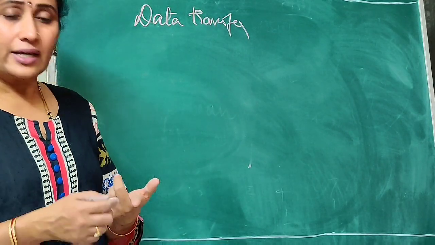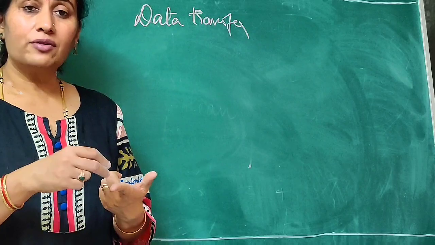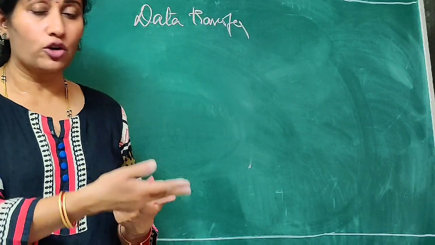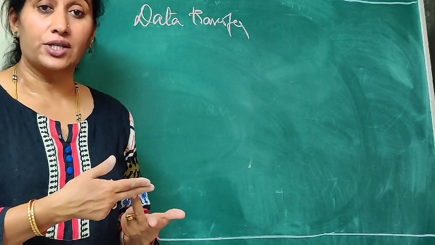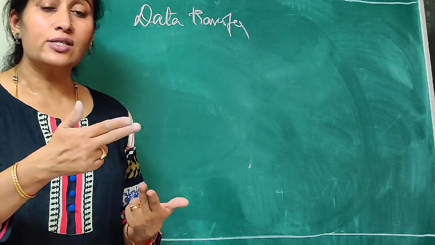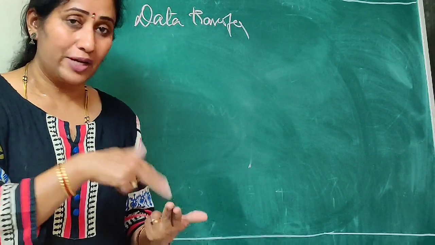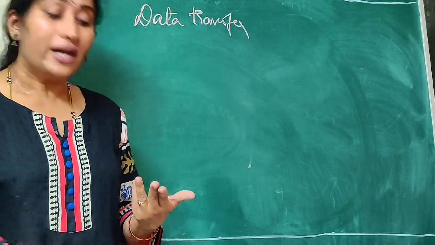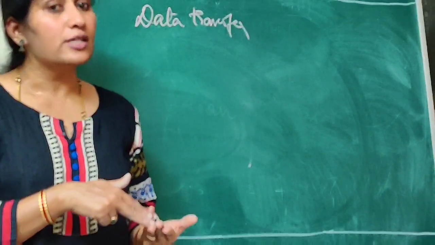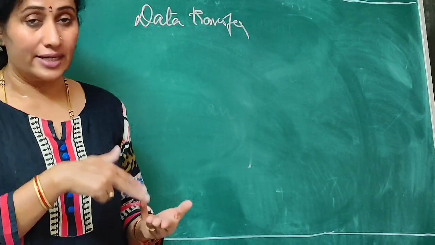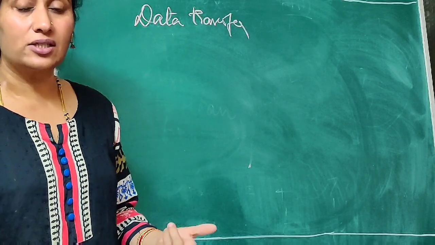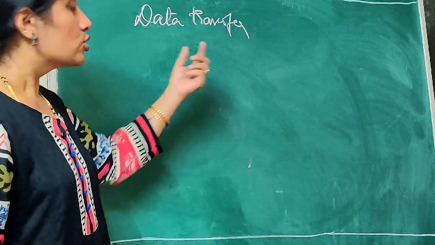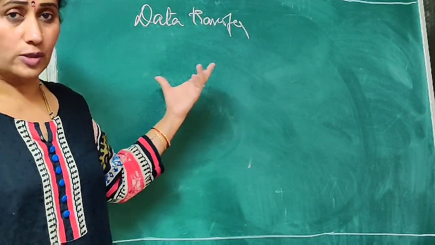The source is data, wherein I can give the data in the instruction only if I follow the immediate addressing mode. I can store the data in a memory location and give the address of the memory location in the instruction by using direct addressing mode, or indirectly I can specify the address where the data is residing, that is indirect addressing mode, or I can store the data in a register and write the source register in the source place.